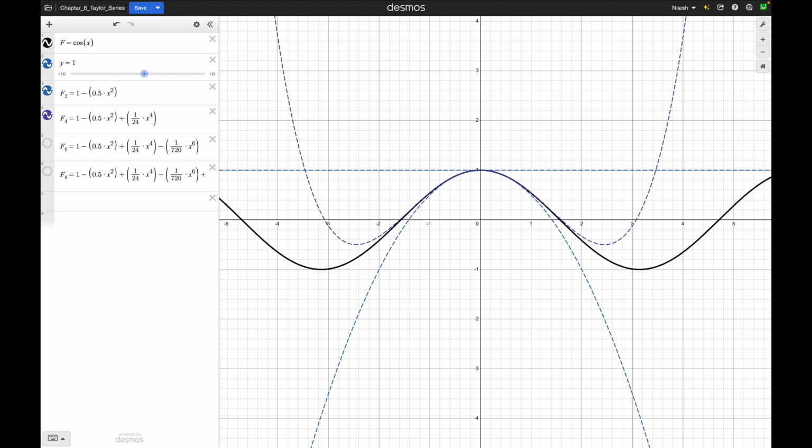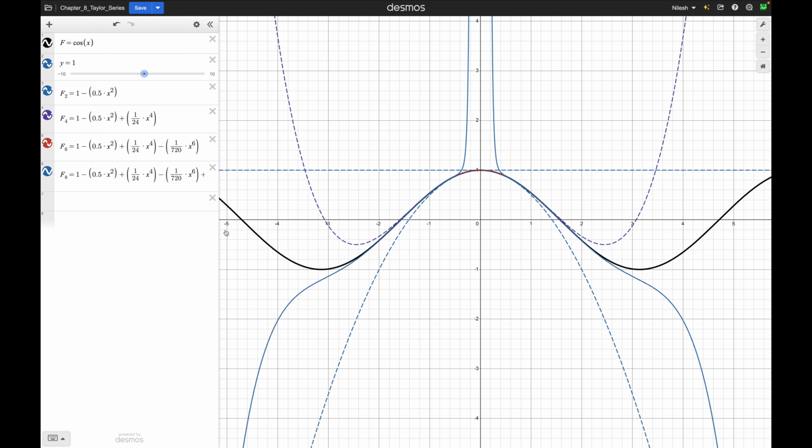So that's what we have, and what this tells us in the end is each new term has a higher power of x, and that's why higher order approximations tend to be more accurate over a wider range. However, in this case, if we go to f6, then we are accurate up to here after this term.